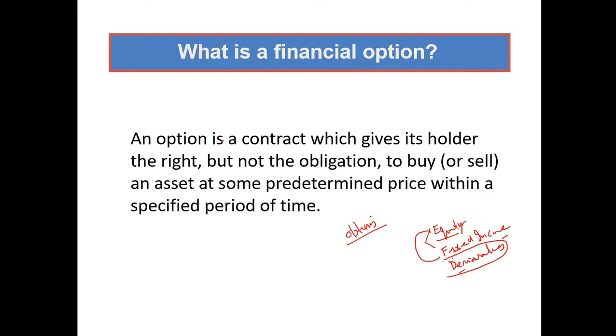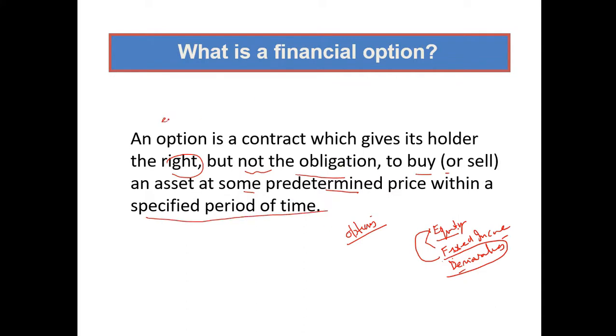So let us take a definition. An option is a contract which gives the holder the right, but not the obligation, to buy or sell an asset at some predetermined price within a specified period of time. This is a general definition.